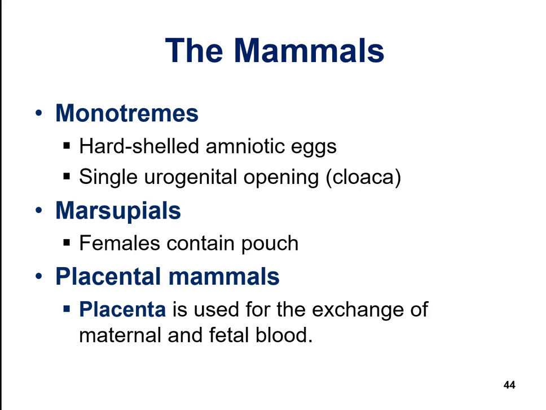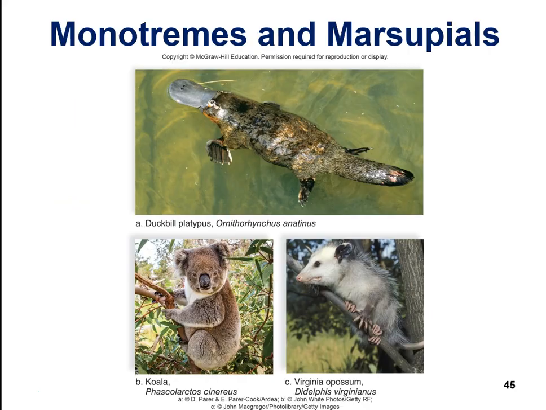Placental mammals: the entire developmental process happens inside the animal, and you have a placenta used for exchange between maternal and fetal blood, hence the name placental mammals. It allows for full development of that animal.